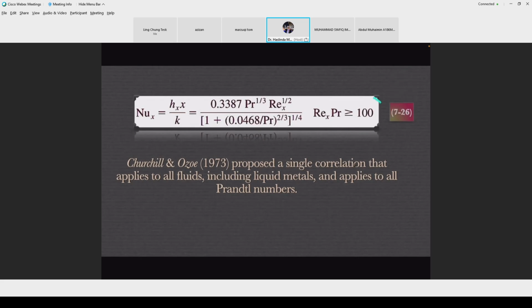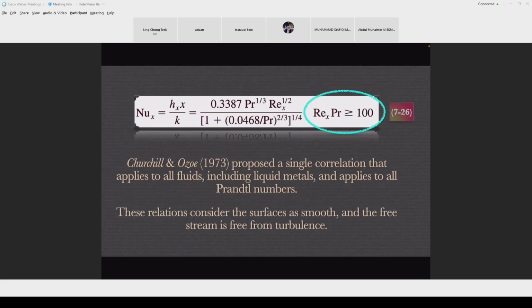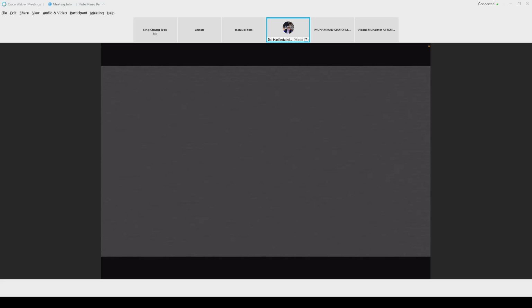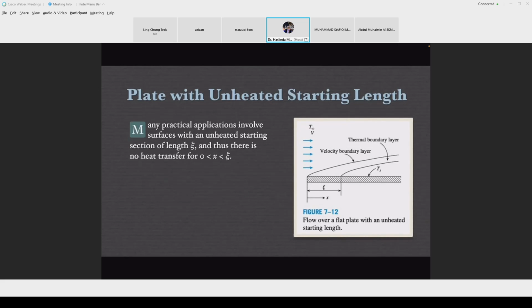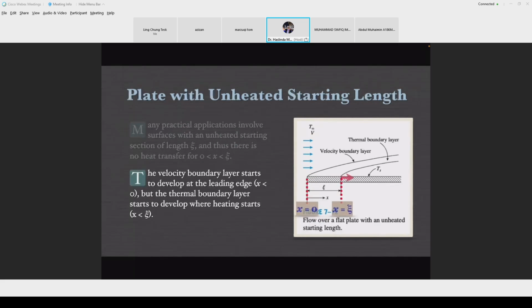So this one is an option. Sometimes we want to use this equation, but we have to check or verify the condition first: the Reynolds number and also the Prandtl number are within certain values.